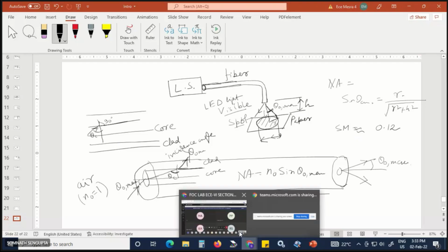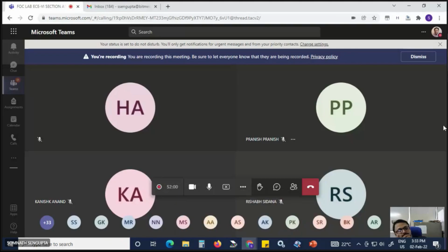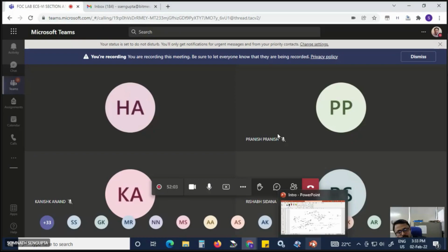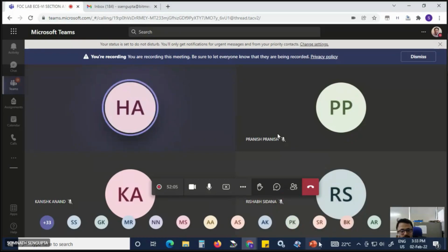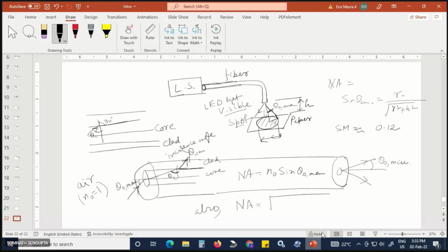Does anyone know? Sir, under root n1 square minus n2 square. Yes. What is n1? It is a refractive index. Refractive index of what?